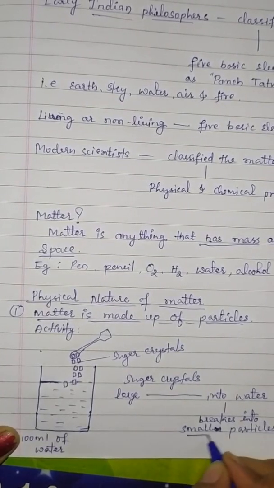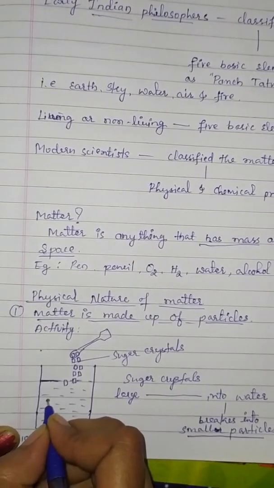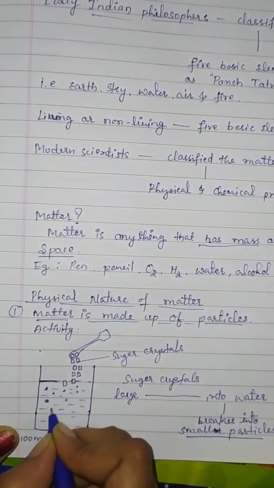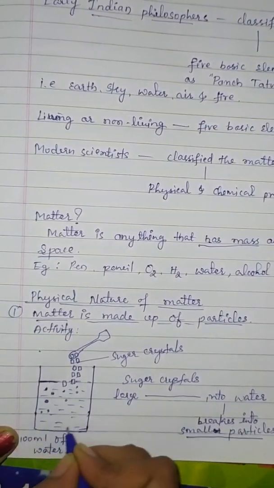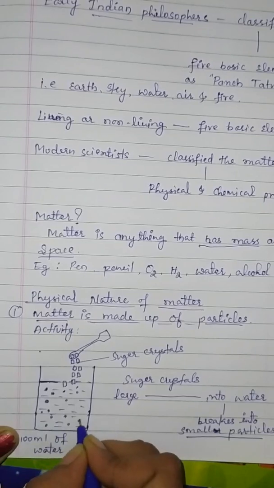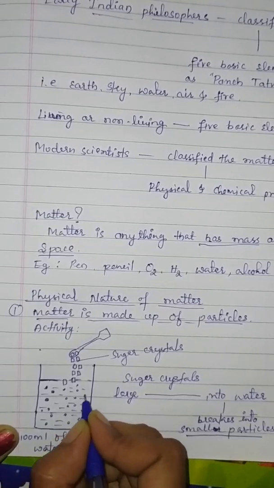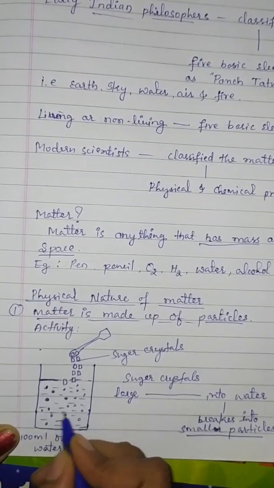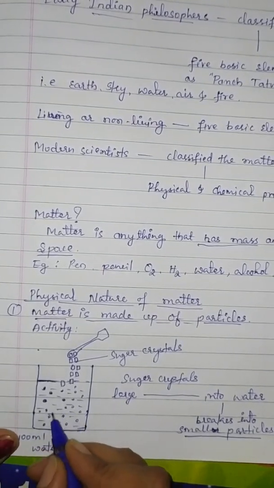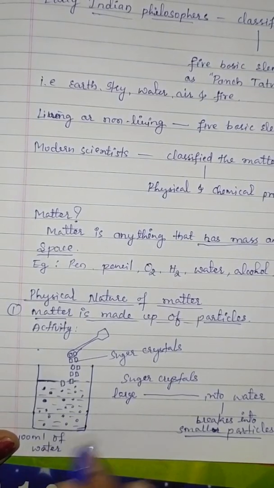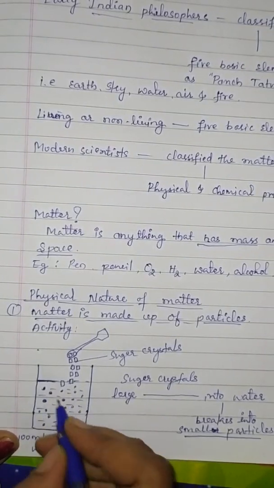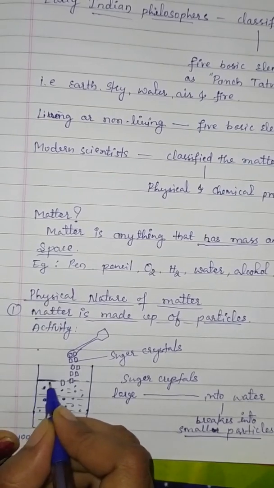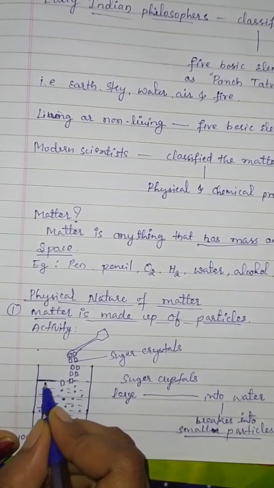And these small particles will distribute between the water molecules. Therefore there is no rise or fall in the level of the water inside the beaker.